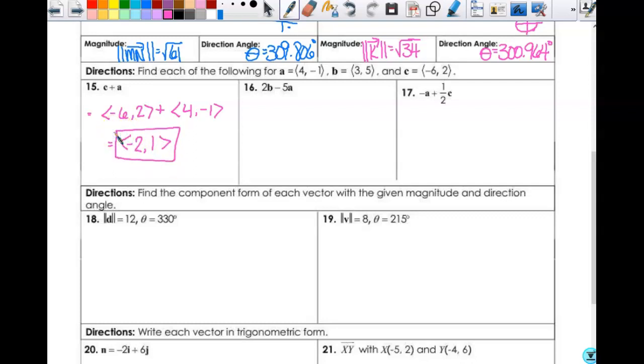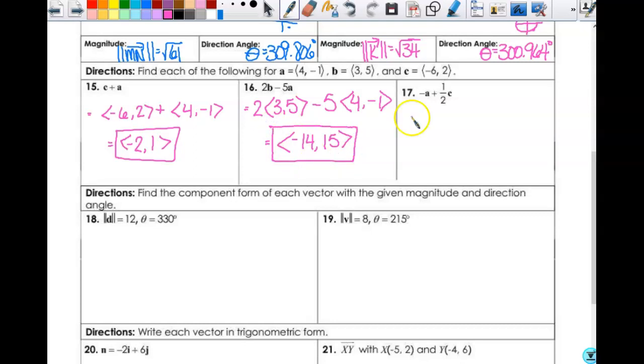Then 2 times vector 3, 5, minus 5 times 4, negative 1. So 2 times 3 is 6, minus 5 times 4 is 20. So 6 minus 20 is going to be a negative 14. Then 2 times 5 is 10, minus, and let's see, negative 5 times negative 1 is a positive 5, so it's really 10 plus 5, and I get 15.